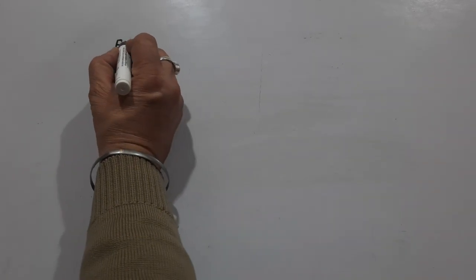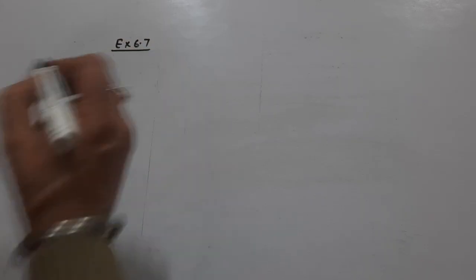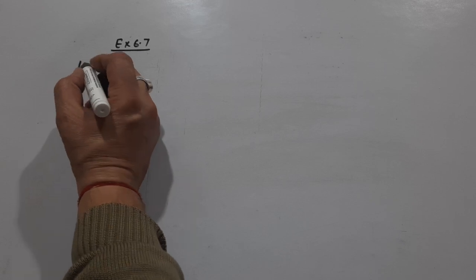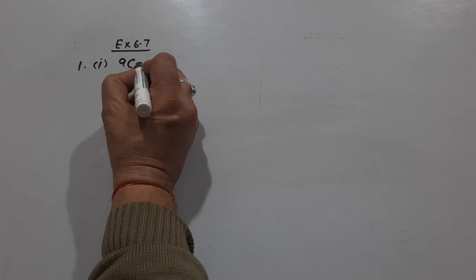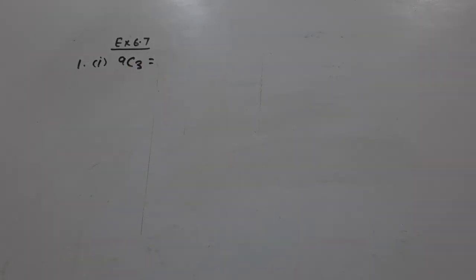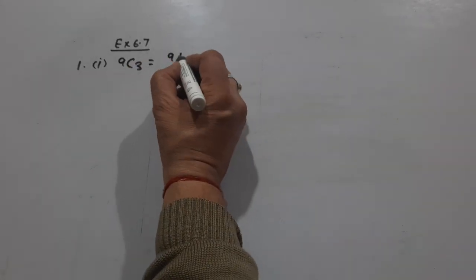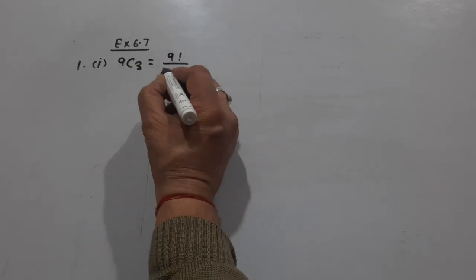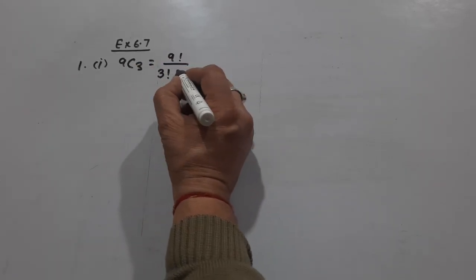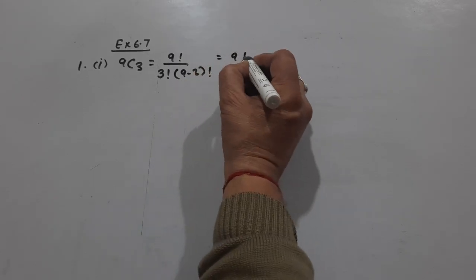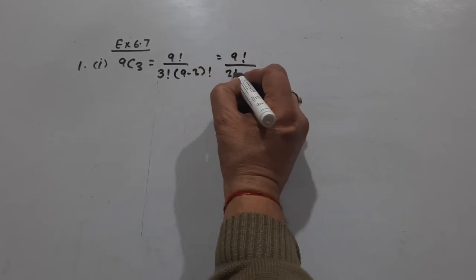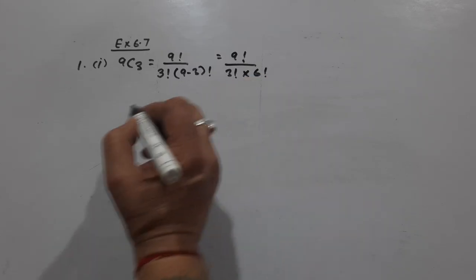Now students, let us start exercise 6.7, which is based on combinations. So very simple questions. The very first question is: find the value of the first part, 9C3. We shall use the formula n factorial upon r factorial into n minus r factorial. Here n is 9, r is 3. So 9 factorial upon 3 factorial into 6 factorial.